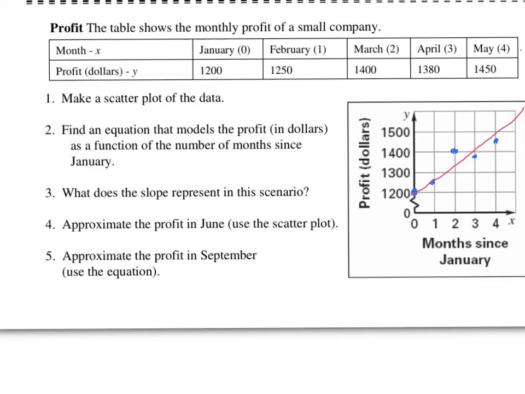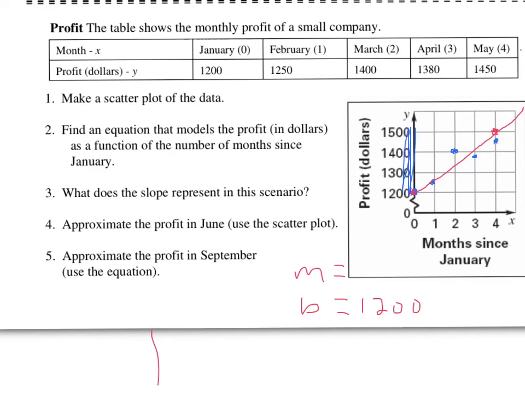So we're going to find an equation that models that in dollars as a function of the number of months since January. So we still need to find the m and the b. The b is 1200, and now we need to find two points. So 1200 is a good one, and this looks pretty close right here. So to go from 1200 to 1500, we're looking at the movement up.